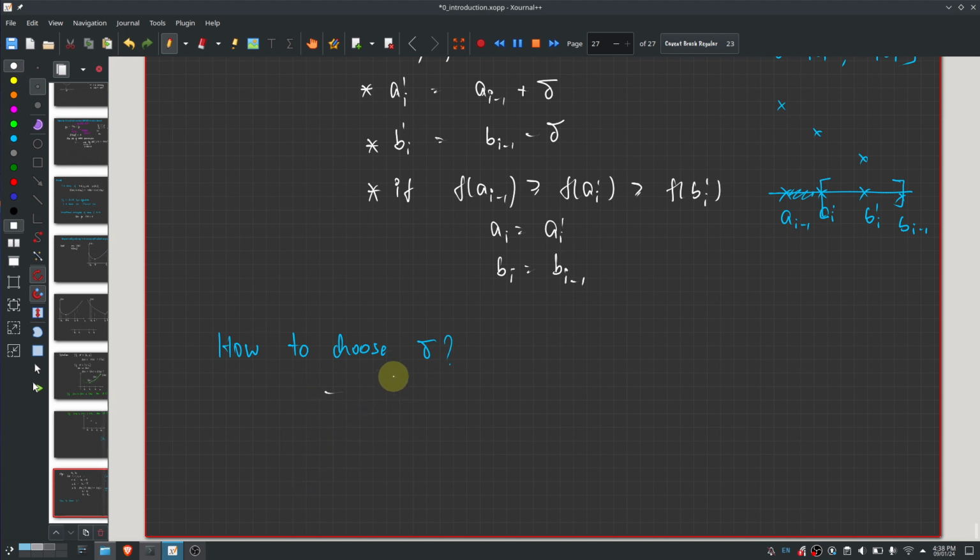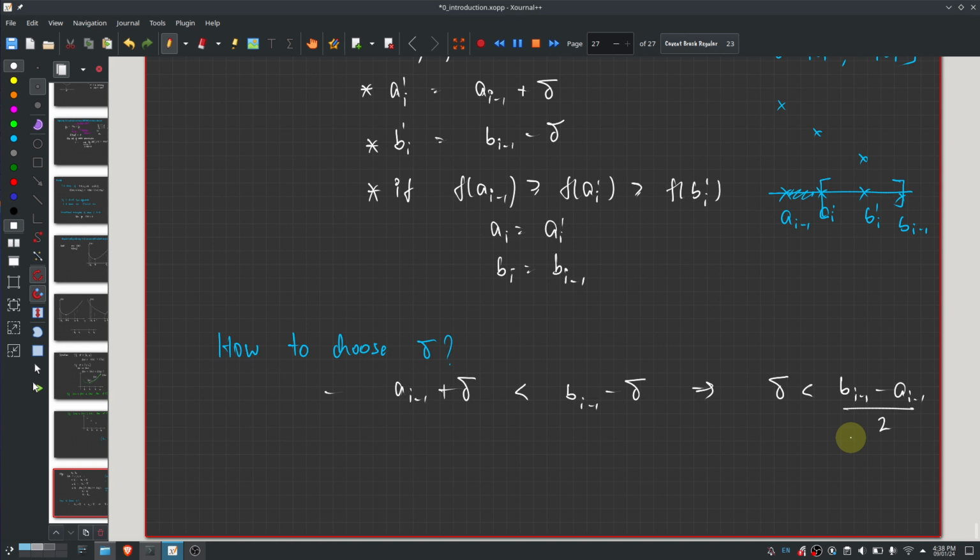Clearly I want A_{i-1} plus delta to be strictly less than B_{i-1} minus delta, which means that delta should be less than (B_{i-1} minus A_{i-1}) divided by 2. That's something I have to ensure.